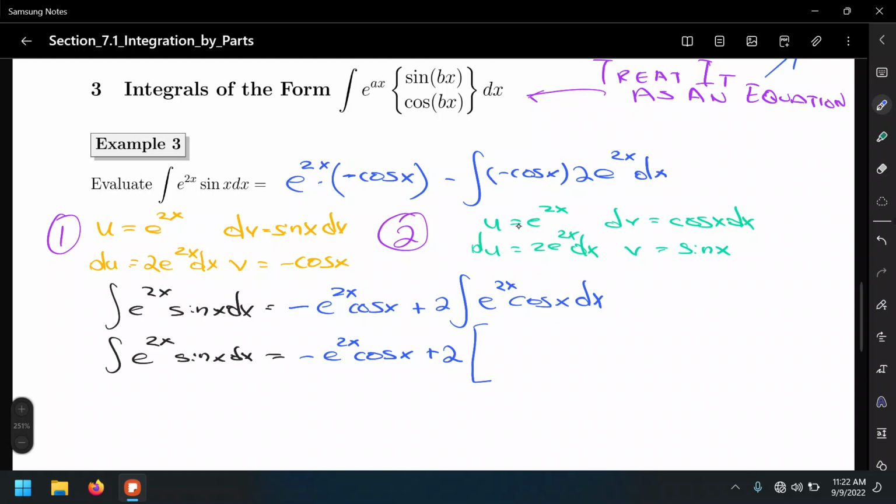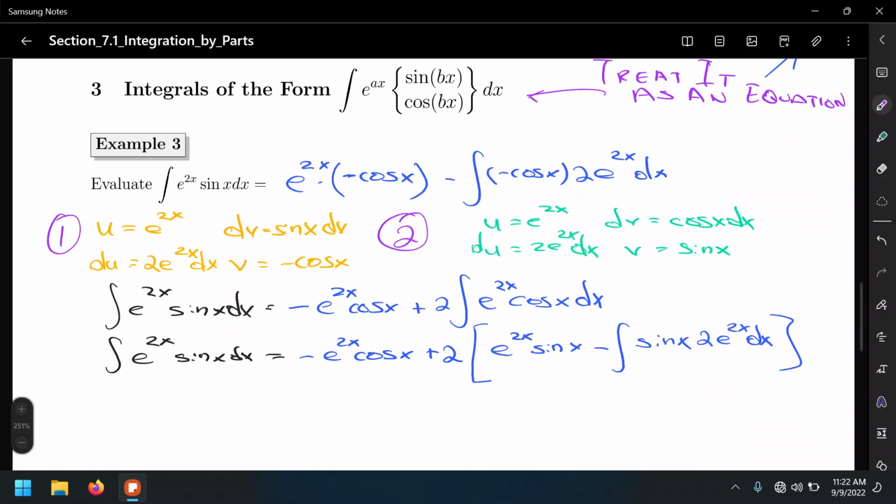So that will be u times v, which is e to the 2x times sine x, minus the integral of v, which is sine x, du, which is this 2e to the 2x dx, okay?